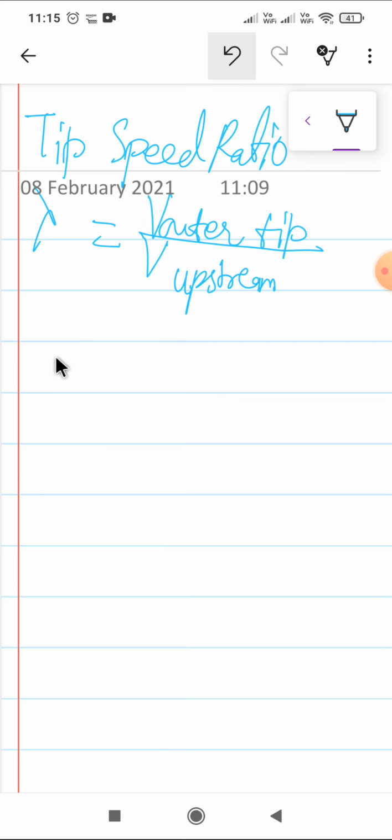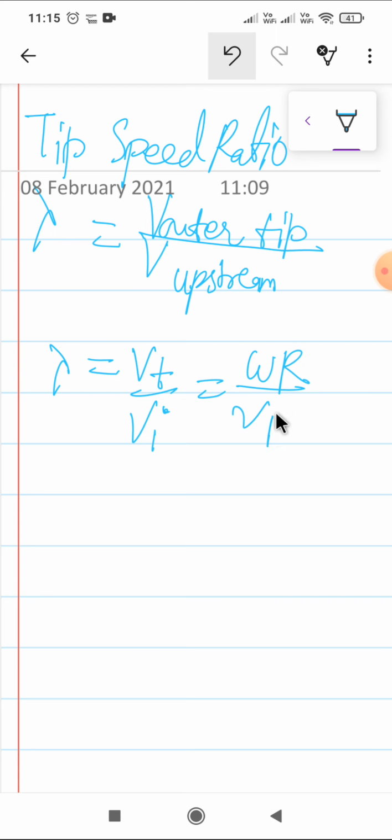So lambda is equal to Vt by Vi, which is equal to omega r upon Vi.